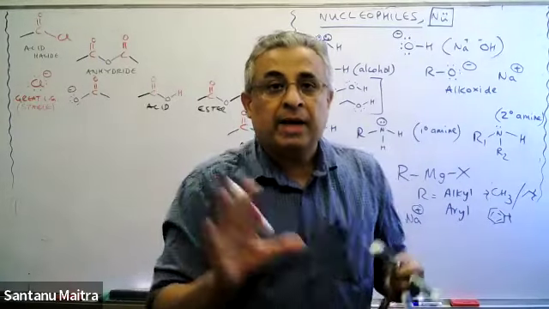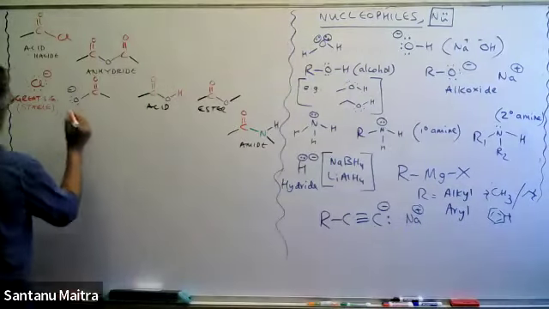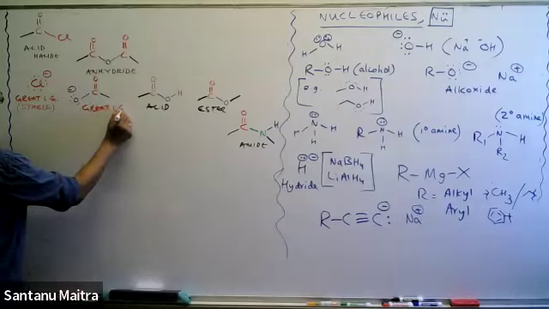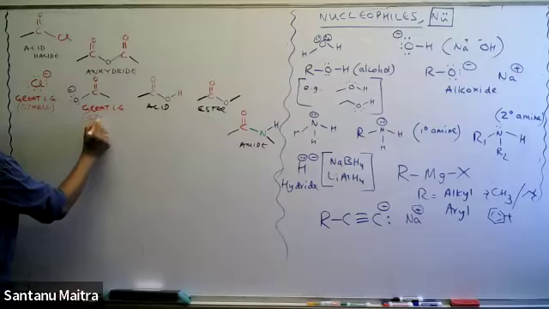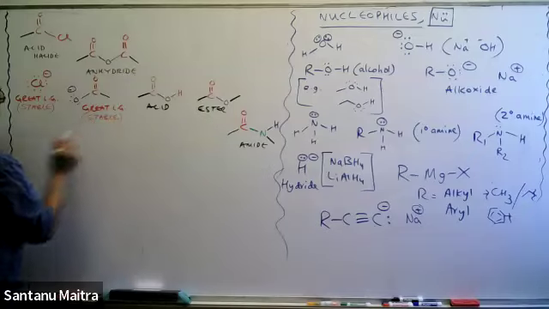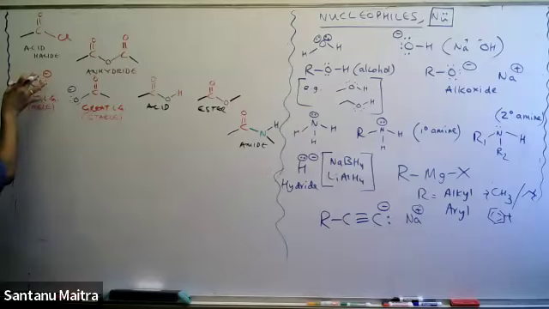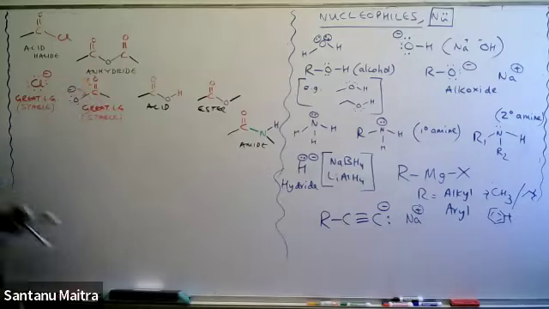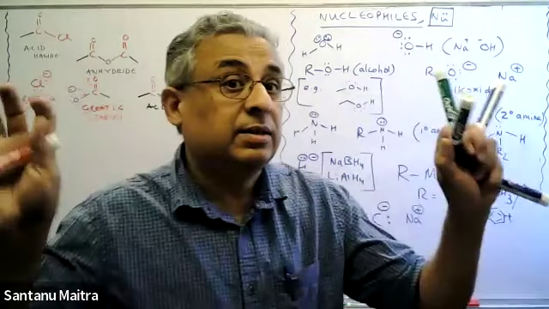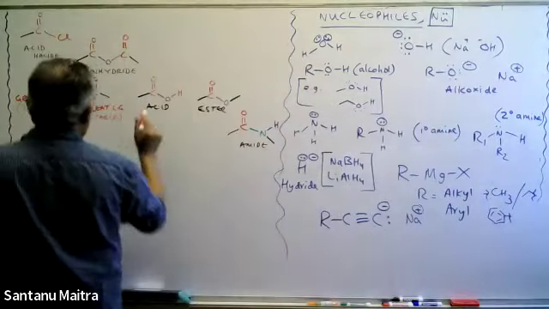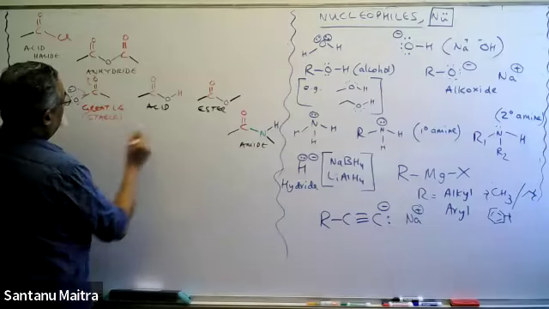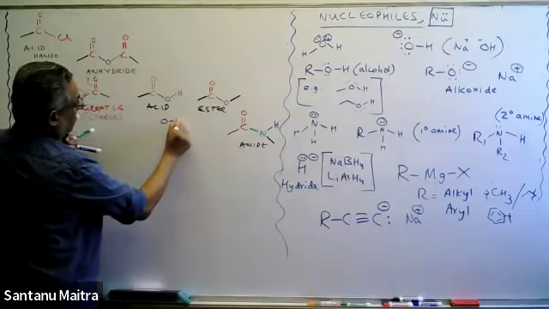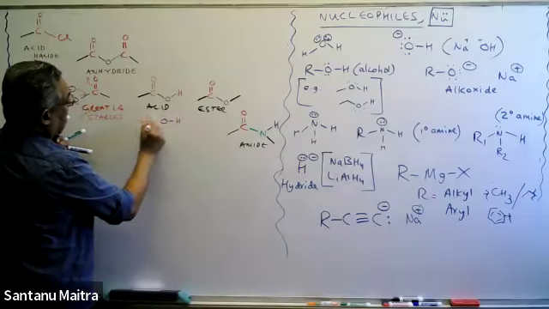Unstable means bad leaving group. This is also a great leaving group. It's also very stable because the negative charge is spread around. The negative charge can spread by doing resonance. It's not a secret. The leaving group here is going to be OH minus.